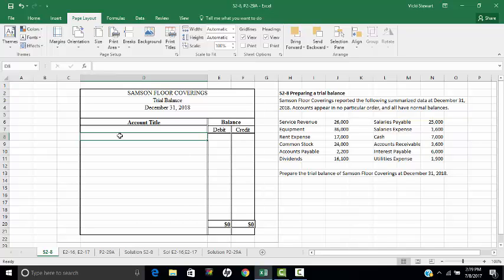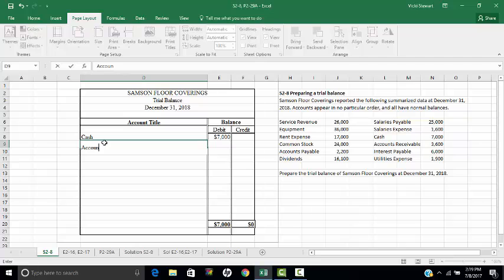We start off, of course, with cash, because in our general ledger, the cash account is always going to be first. Part of this problem is also to test whether or not you know what the normal balance is for these accounts. Remember, your asset accounts are all going to have a normal debit balance. So cash would be a debit.